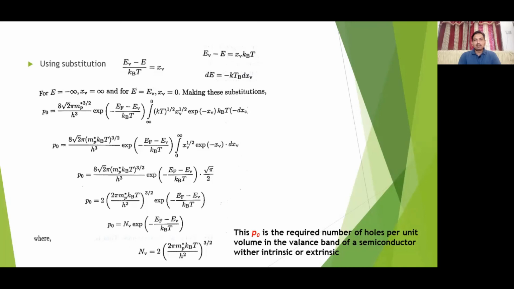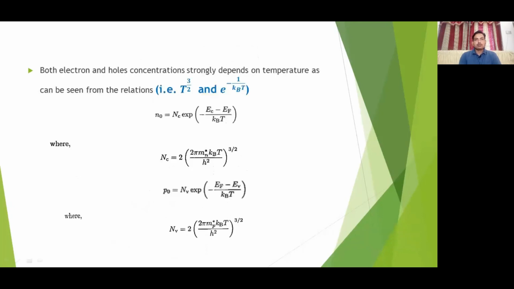Again, the dependencies on the temperature are the same as those of the electrons. One more thing that is very common to know is that for an intrinsic semiconductor, the number of holes and number of electrons are usually the same. That is the reason the probability functions were very similar to each other. You can see again, I have pointed out the dependence on the temperature.